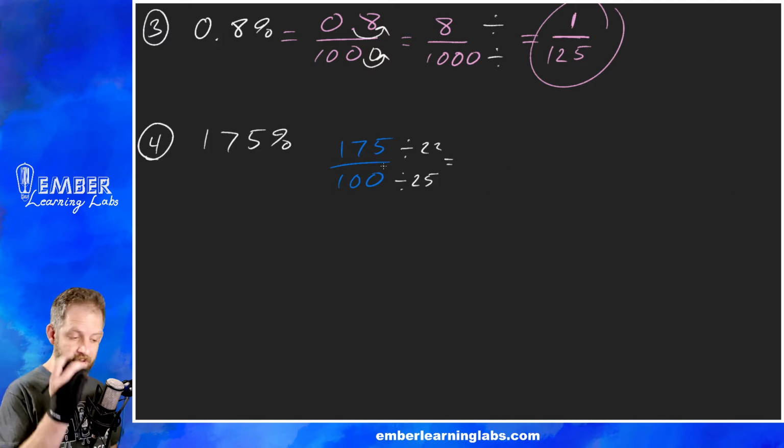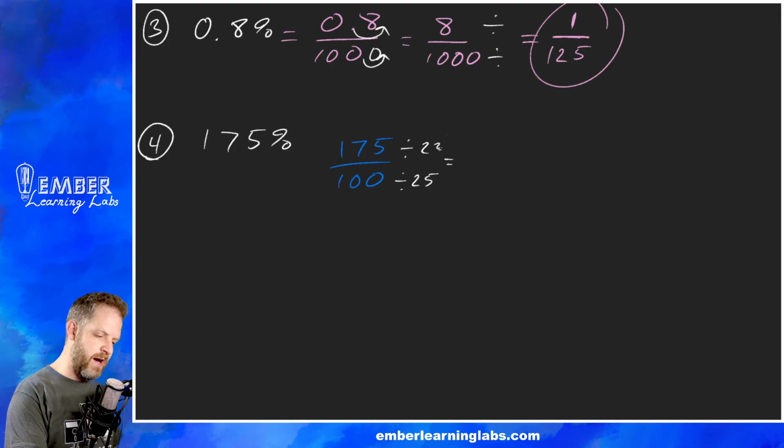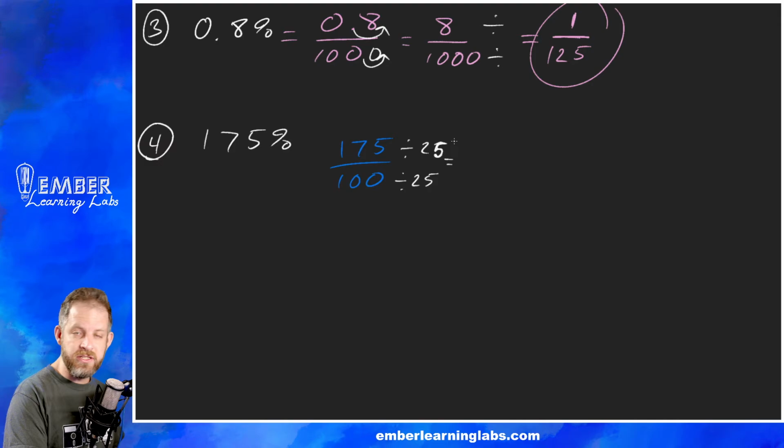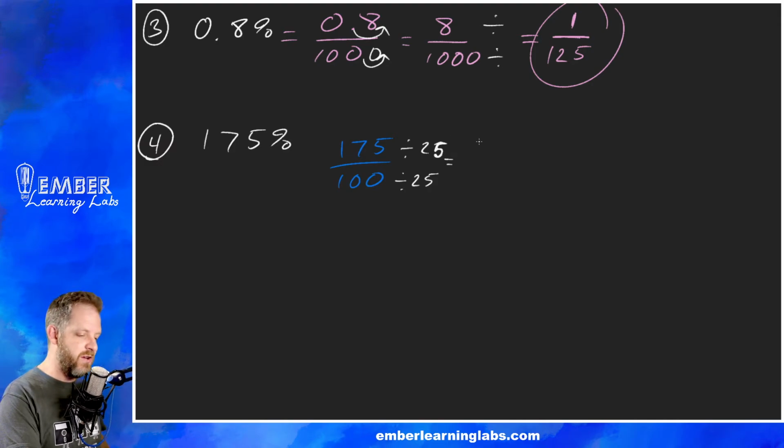So 175 divided by... what the heck have I written? What happened here? How about 25. All right. 175 divided by 25 is 7. And 100 divided by 25 is 4.